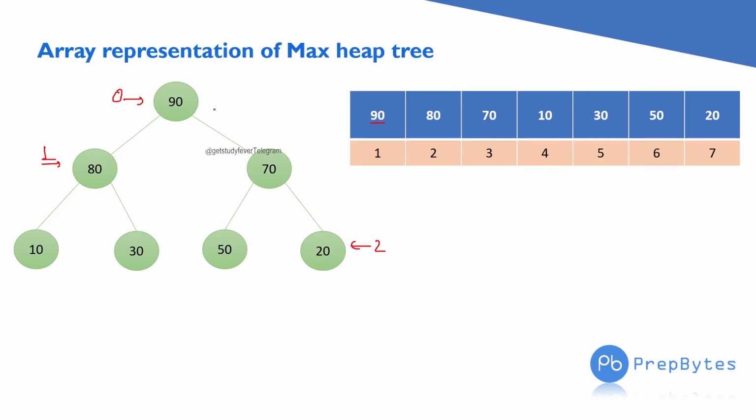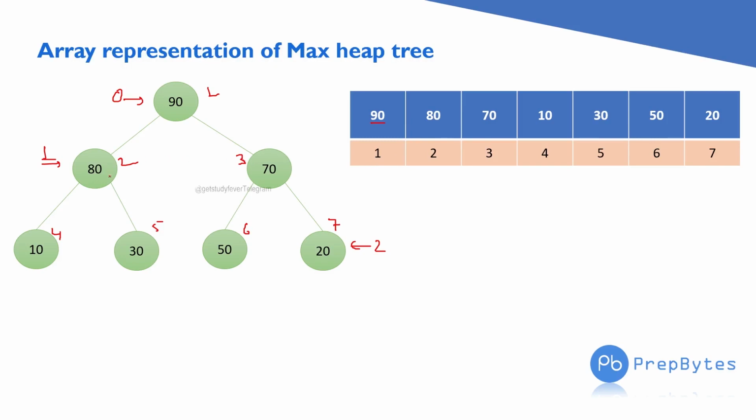Fine. You can also use the indexes. So this is at index 1, this is at index 2, this is at index 3, index 4, index 5, 6 and 7. Using these indexes in our array we can know who is the parent and what are the children of a parent.